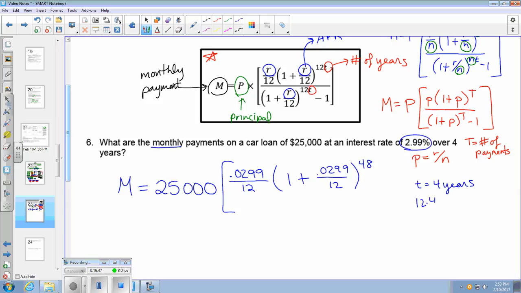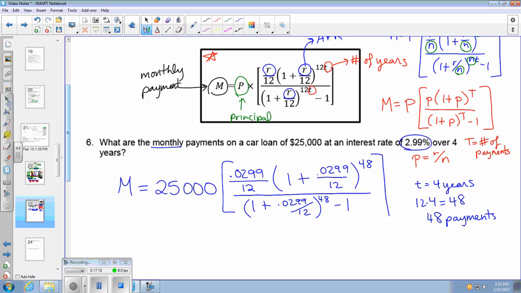So 12 times 4 is where that 48 comes from. In other words, you're going to be doing 48 payments over those 4 years. All right, that is all over 1 plus 0.0299 over 12. And that again is to the 48th power minus 1.